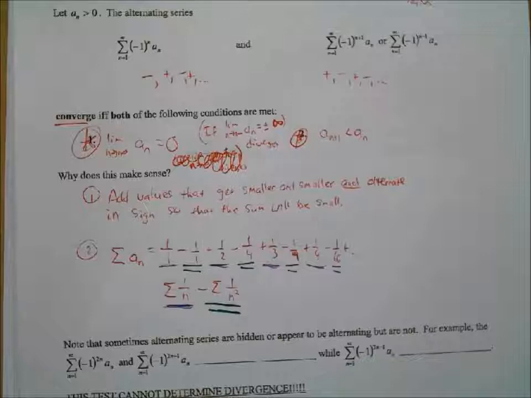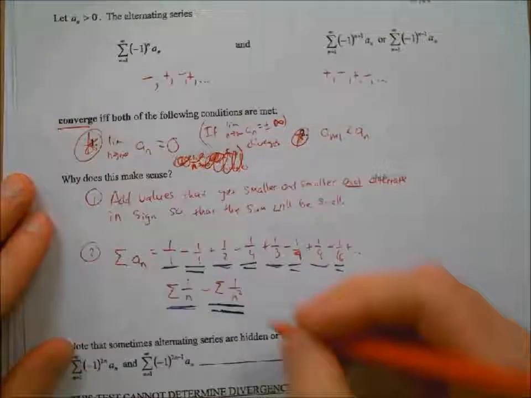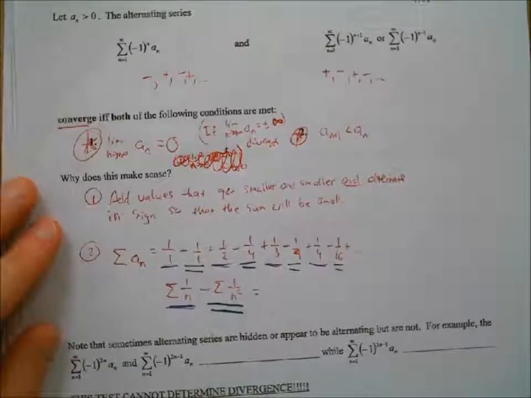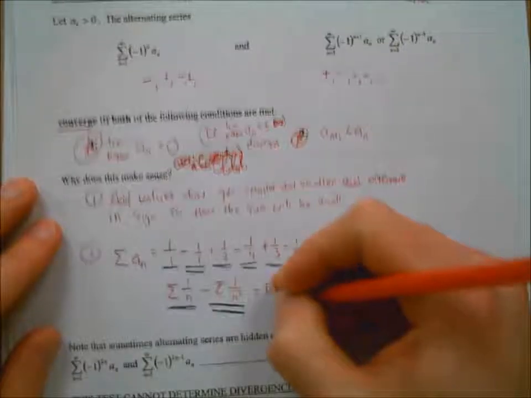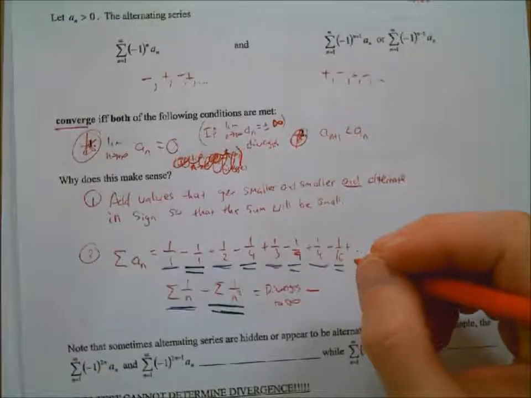Okay, so while we created this alternating series whose values are diminishing, it's not going to be quite enough to show that we have convergence here, because what do we know about 1 over n? What does that do? It's going to diverge, right, because p is equal to 1 there. So this diverges to infinity, minus then, what does 1 over n squared do?